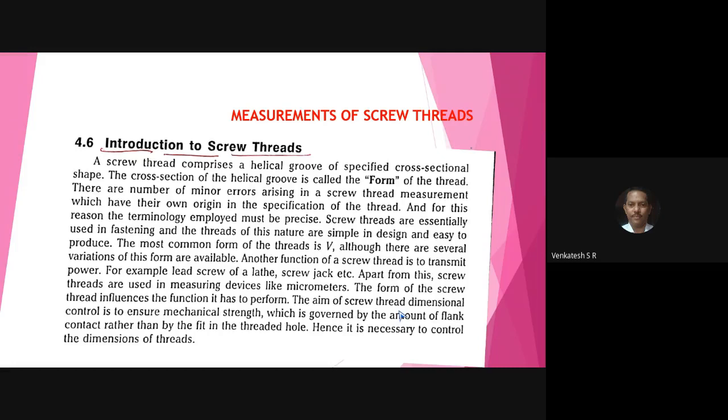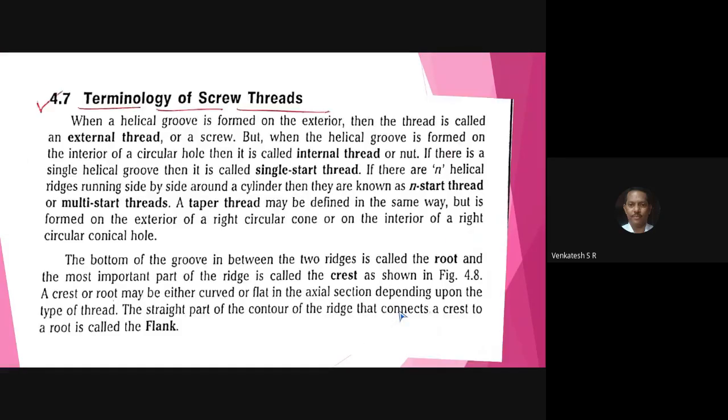In the metrology laboratory, we have the profile projector. There you have to measure the elements of the screw thread. That is called the terminology of screw thread, or the elements of the screw thread.